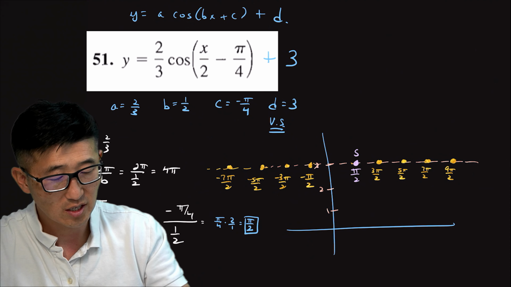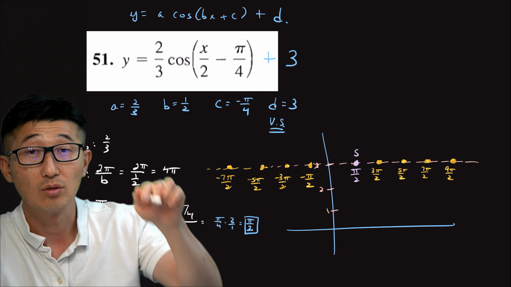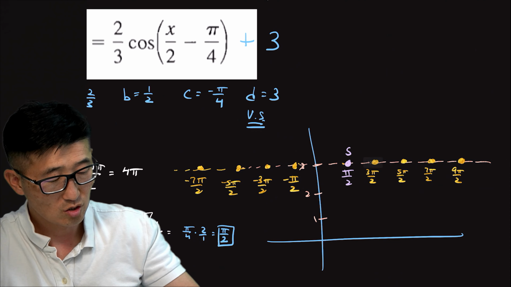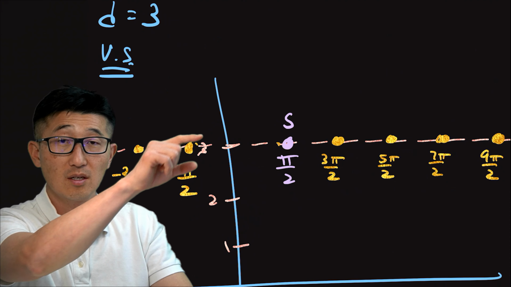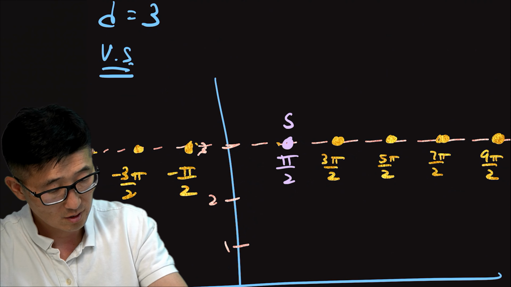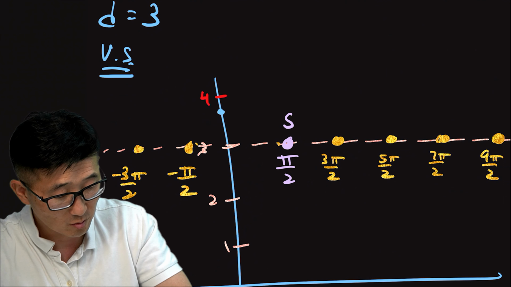It's a cosine graph, so what's the amplitude? 2 pi over 3. No, it's just 2 over 3. Oh yeah, 2 over 3. Sorry. So what that means is from here, it's going to go up 2/3. So let's see, 4 will be up here. So 2/3 of that will be somewhere here.